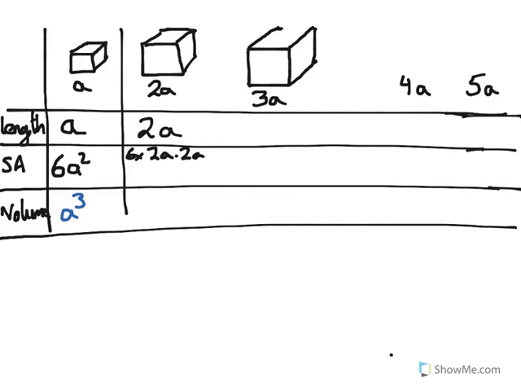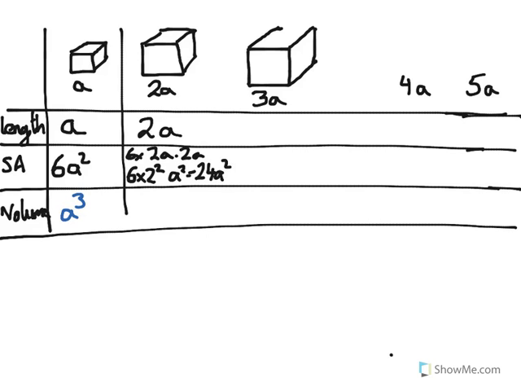So we're going to get 6 lots of 2 times 2, which is 2 squared, multiplied by A squared. So instead of it being 6A squared, it's going to be 6 fours are 24. We're going to get 24A squared.